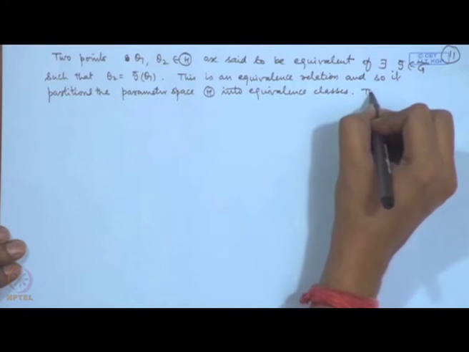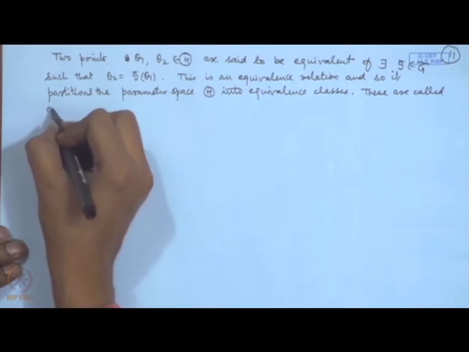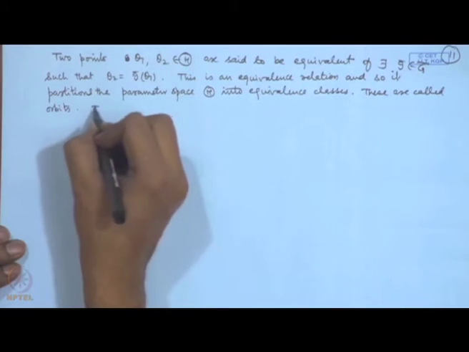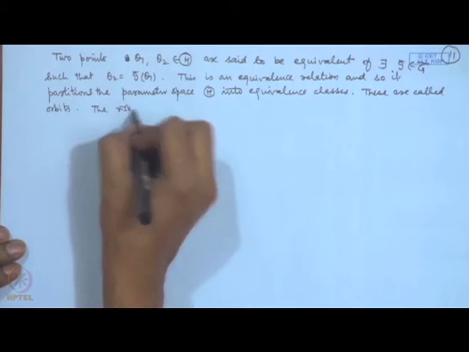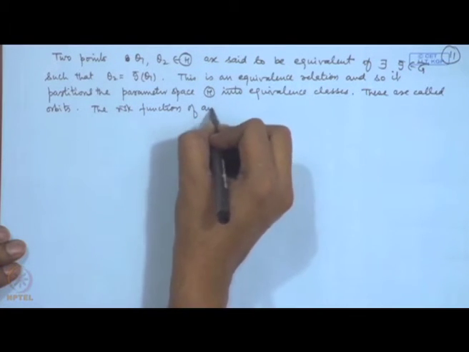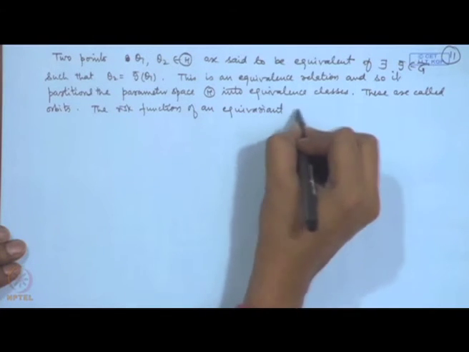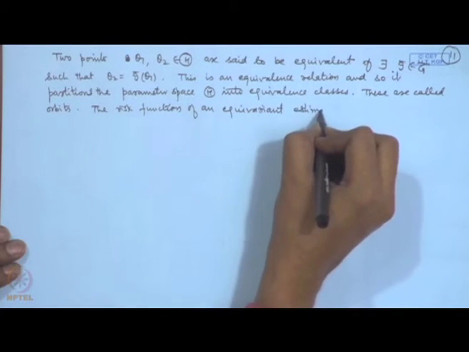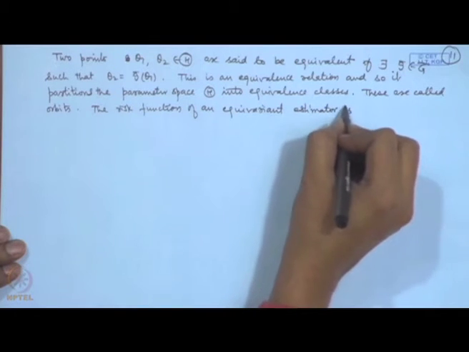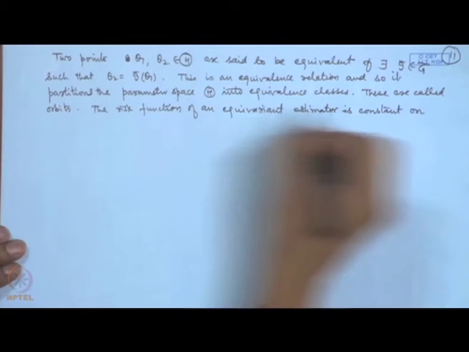These are called orbits. The risk function of an equivariant estimator is constant on the orbits.